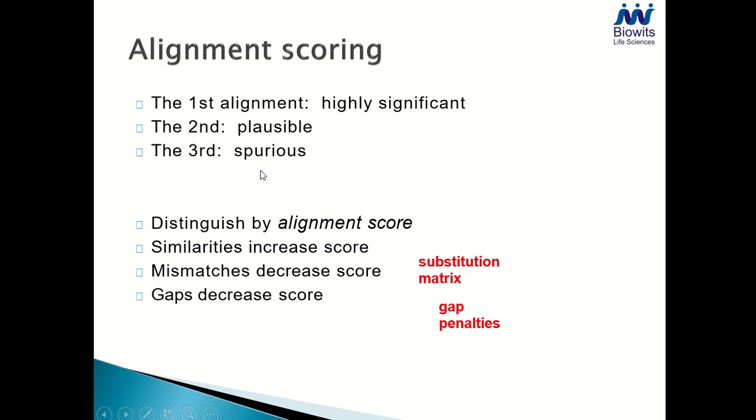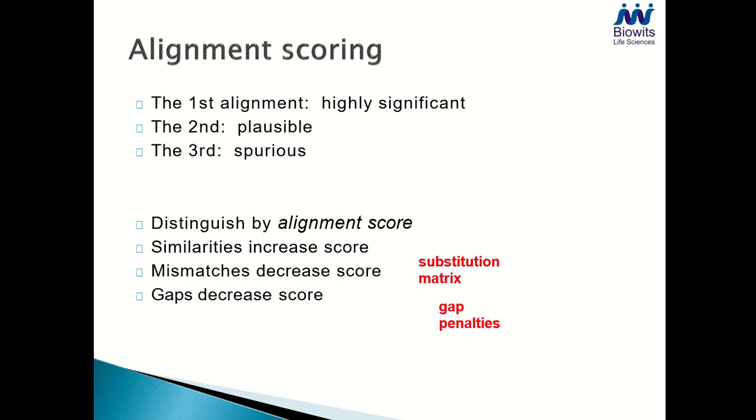And then distinguished by alignment score: similarities increase score, mismatches decrease score, and then gaps decrease score. Pag nagdi-decrease yung score, it means to say there is mismatch and it indicates that there are gaps.